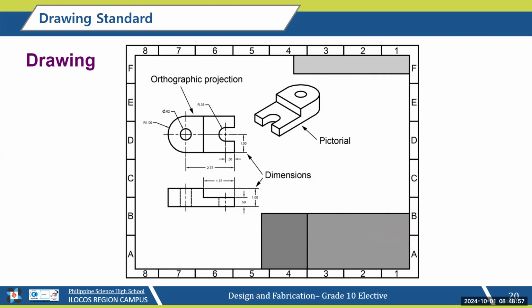You can also find here detailed drawings, which zoom in on complex sections to provide us clarity, and also the dimensions, labels, and any other information that ensures the design can be accurately interpreted and also manufactured. The drawing area is where all this essential information about the design is concentrated, and it must be organized and it must be clear.